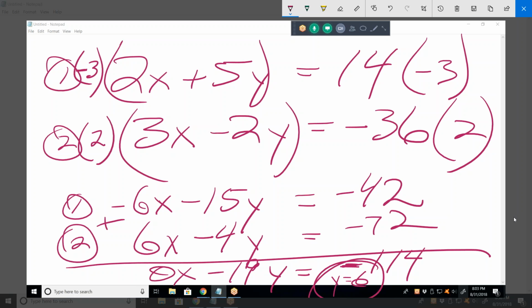How am I going to solve for x? Which is the easiest equation of the four equations you're looking at? In other words, you can use this one, this one, this one, or that one. Which one has the smallest numbers?